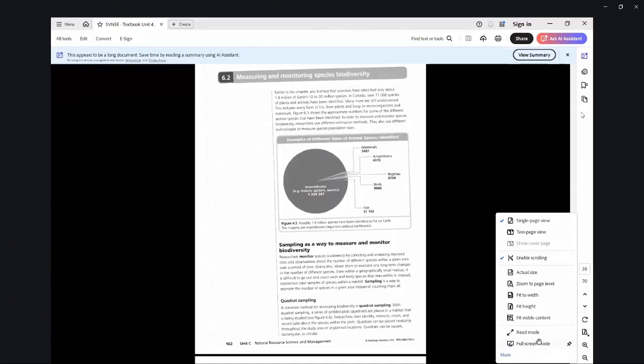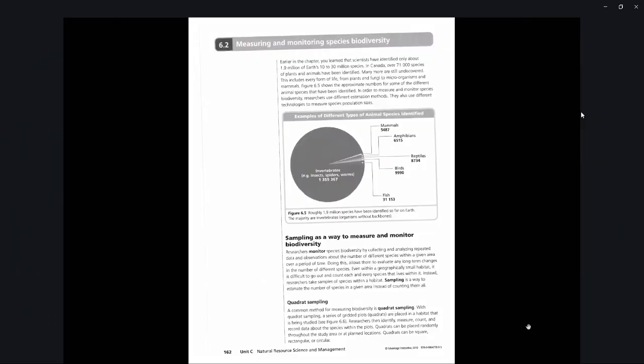And we are on 6.2. And 6.2 in the textbook is measuring and monitoring species biodiversity. And you can see there that we have a chart right at the top of the page. Sorry, we're on page 162.